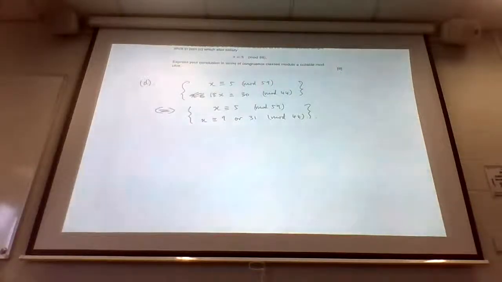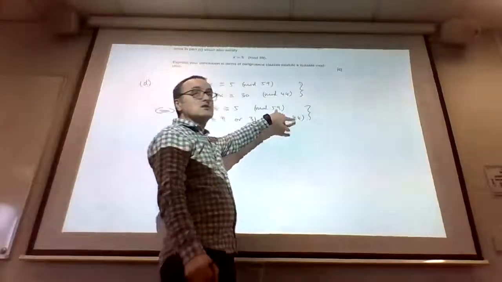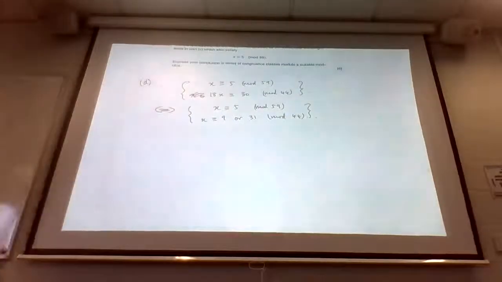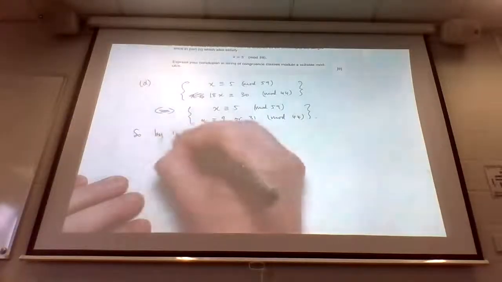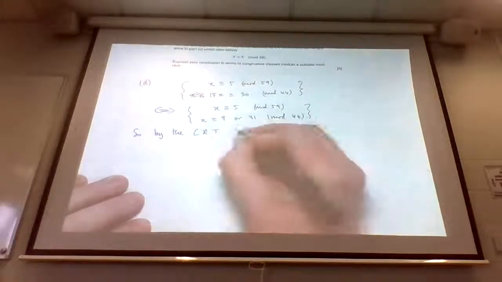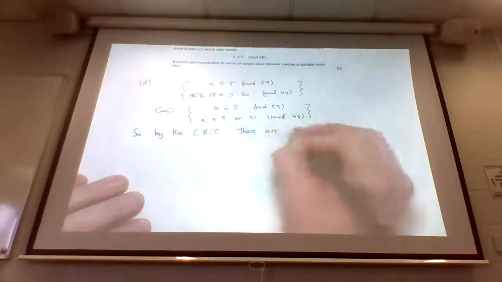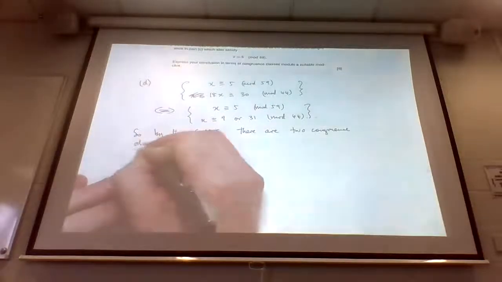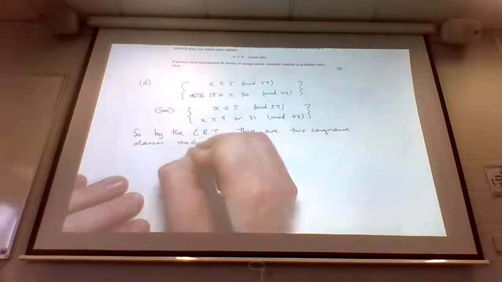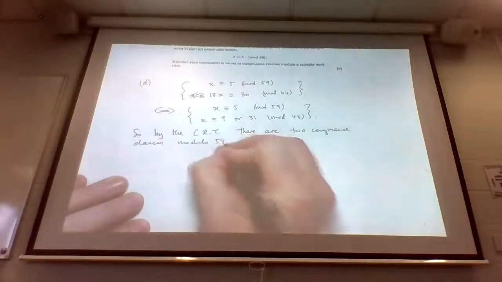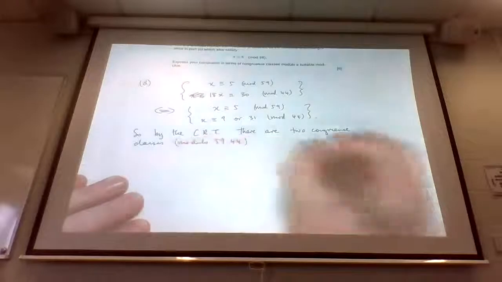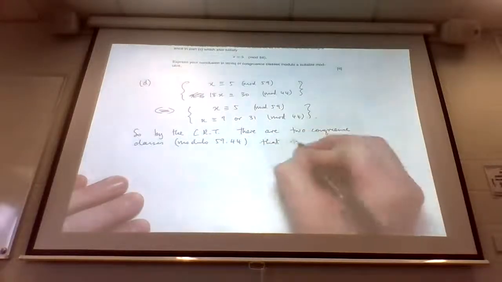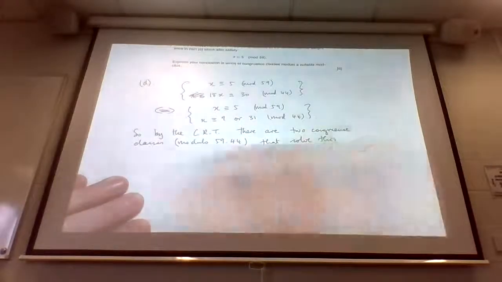So this is going to give us two solutions. There will exist two congruence classes modulo the product of those two that will give us the solutions. So by the Chinese remainder theorem, there are two congruence classes modulo 59 by 44 that solve this system.